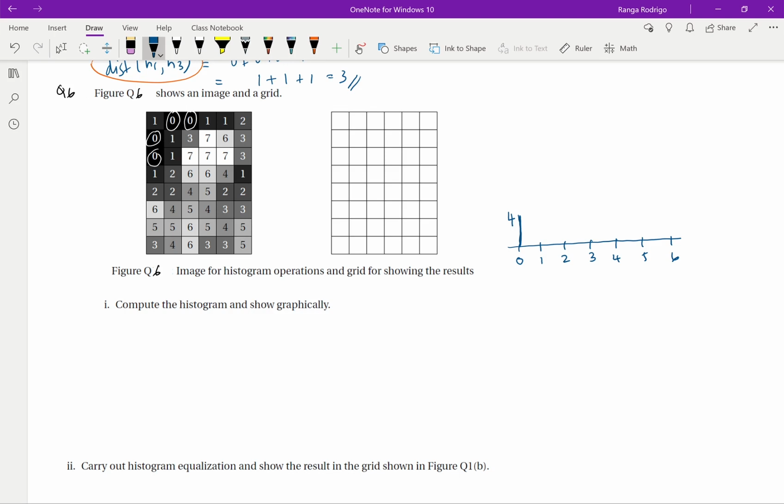Then pixels with intensity 1. Light blue. 1, 2, 3, 4, 5, 6, 7.